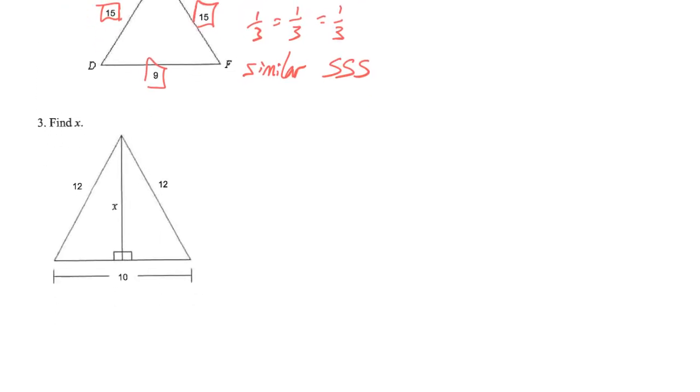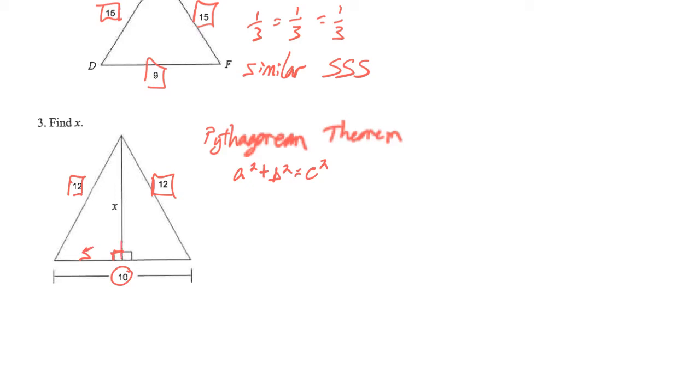For number 3, you want to find the x. Notice we've got right angles down here. Whenever you have right angles, you can use the Pythagorean theorem, which is a squared plus b squared equals c squared. Okay, so that's what you're going to want to do here. Since we know that this is an isosceles triangle, notice the 12s here, that means that this 10 is going to get cut in half by this vertical, this height here.